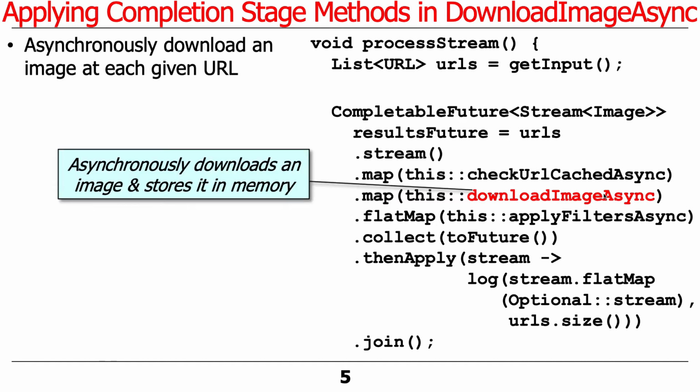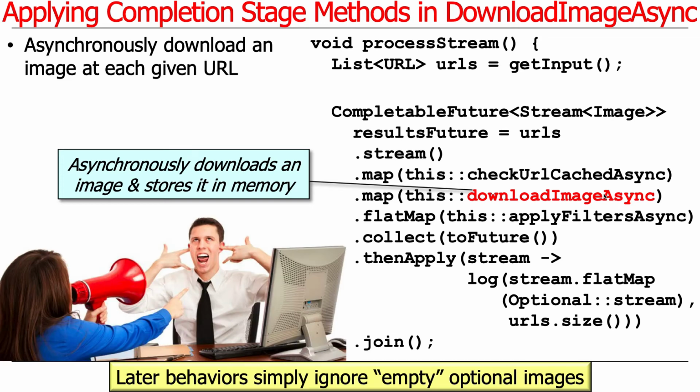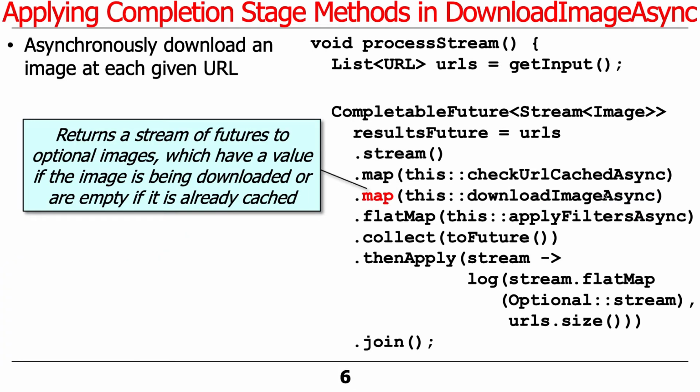As we'll see, this method takes a completable future to an optional URL, and when that completable future triggers, we'll then asynchronously download that image if there's one that we need to download, if the optional is not empty. That'll then return a completable future to an optional image. And if it turned out that we had an empty optional, then it'll just be empty on the way out. And you'll see why in a second.